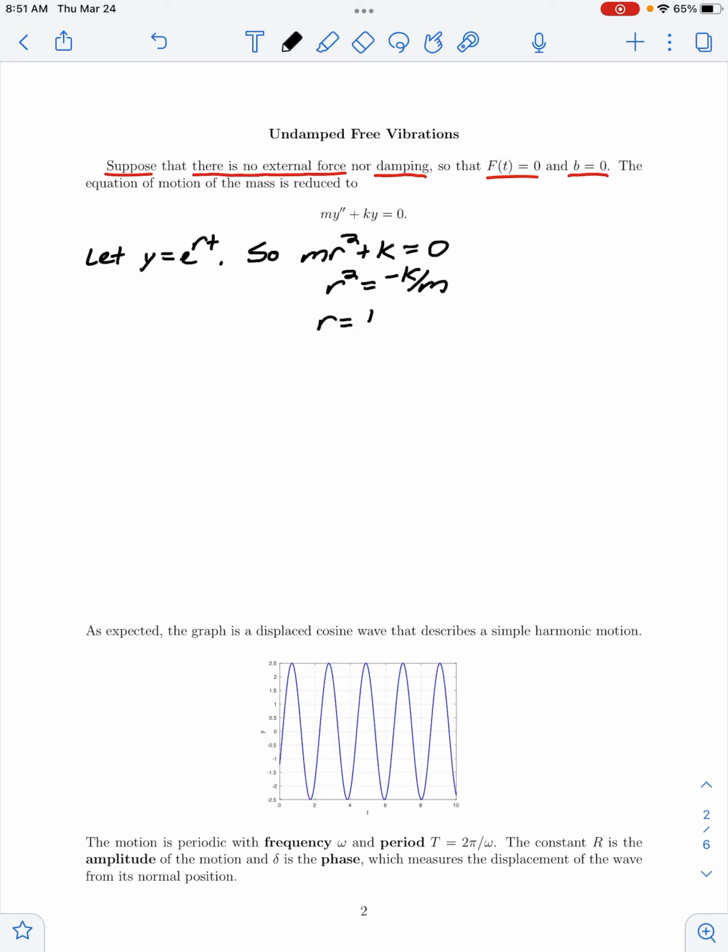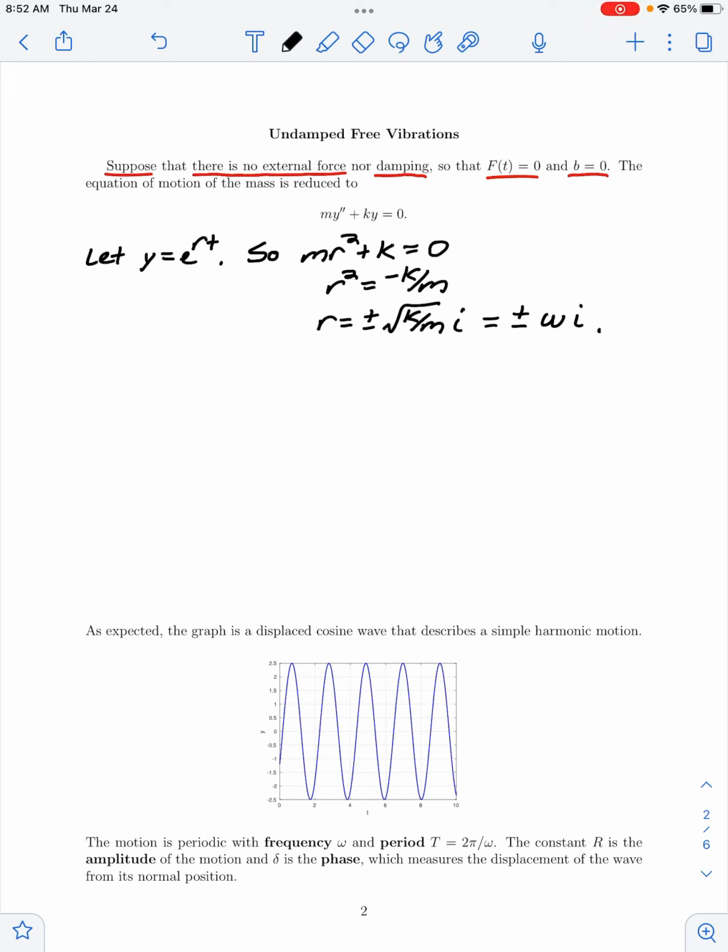So r would be plus or minus the square root of k over m times i. We have complex conjugate roots. And for simplicity, this is sometimes denoted as plus or minus omega times i, where omega is equal to the square root of k over m.